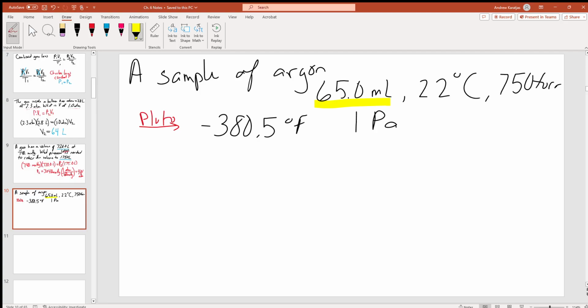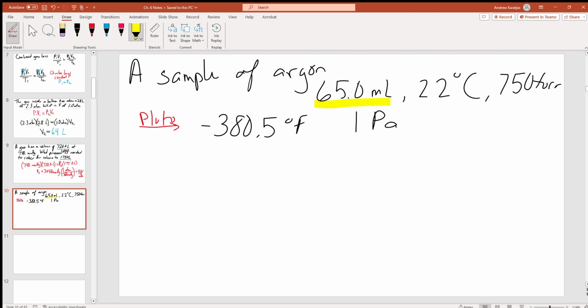Now let's look at our two items. Our temperature is decreasing, in fact quite significantly. If the temperature goes down, that'll make the volume smaller. The pressure is also decreasing, but that'll increase the volume.